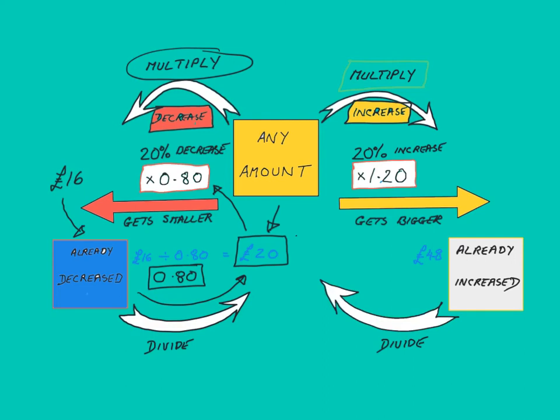So if we take our £48 and we want to know what it was before we increased it by 20%, we divide by 1.2, and that will give us £40.